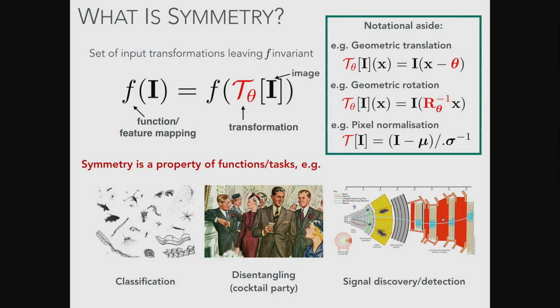You could imagine this is a little pizza segment from a big circular detector, and it shouldn't really matter exactly which segment you're looking in, assuming you ignore gravity. If a particle is traveling from the center outwards, it shouldn't matter if it takes this path, or a path like this, or like that. If it's there, you want to be able to detect it. So I think everyone gets the idea of symmetry now, hopefully.